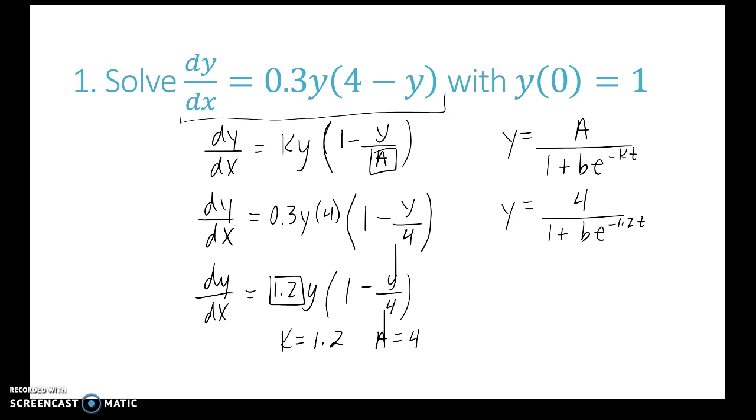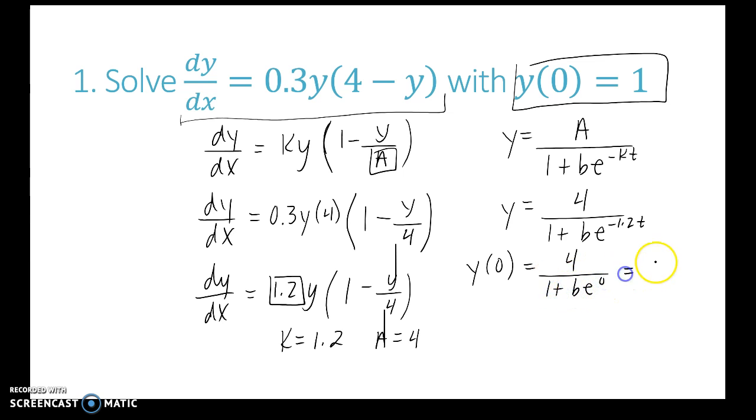Now let's think of finding that value for B. That's where this can come into play. I know my y of 0, if I replace t with 0, is equal to 1. I know e to the 0 is 1. So that gives me my value of B to be 3.